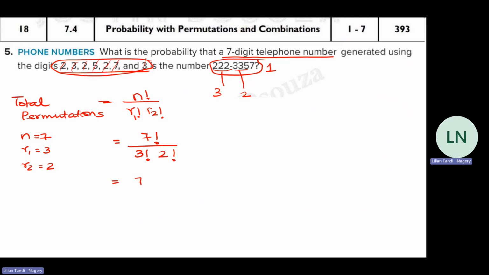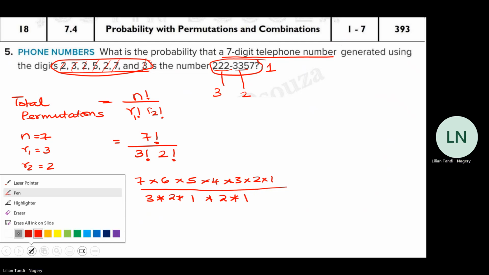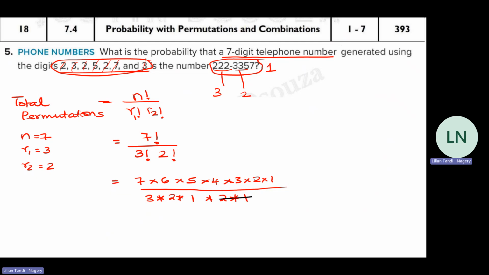So you're going to write 7 times 6 times 5 times 4 times 3 times 2 times 1 over 3 times 2 times 1 times 2 times 1. Now, this 2 times 1 will go with this 2 times 1. This 3 will go with this 3. This 2 will go with 4 to become 2.